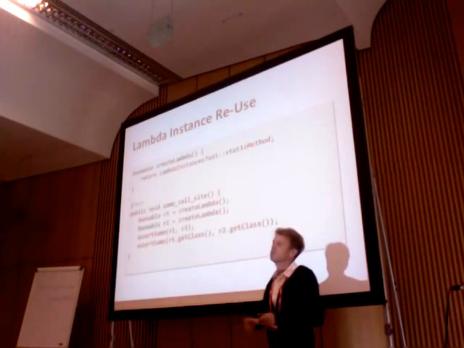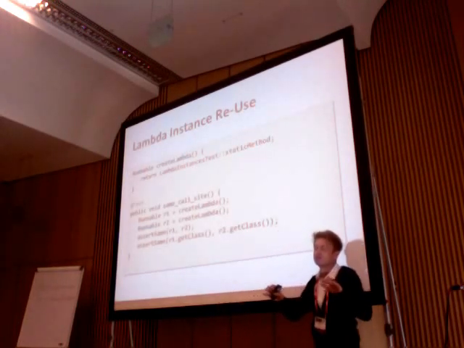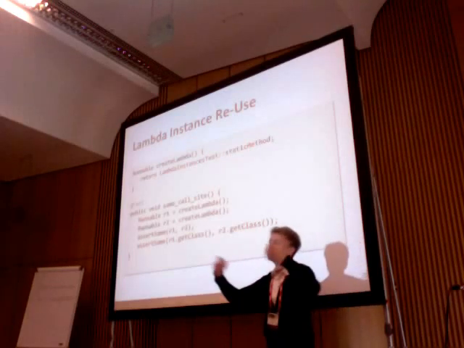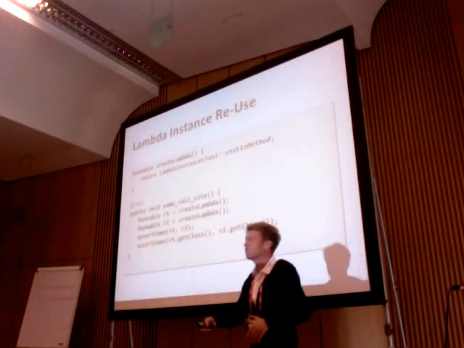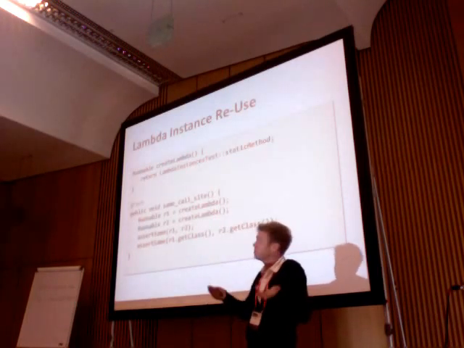Because in this case, the LambdaMetaFactory simply creates a so-called static method handle which basically returns the same value all the time, like a constant handler. So we don't need a bootstrap factory method at all because it's always the same instance.